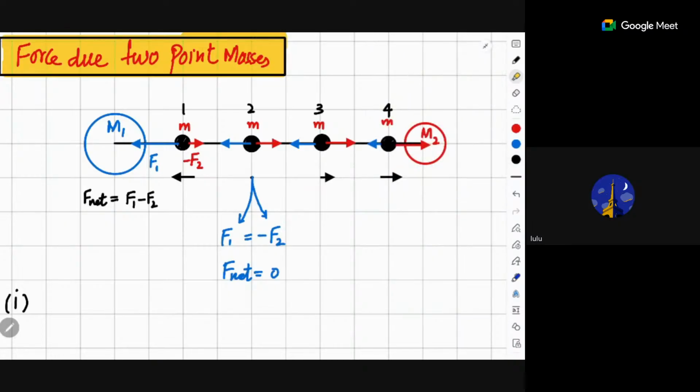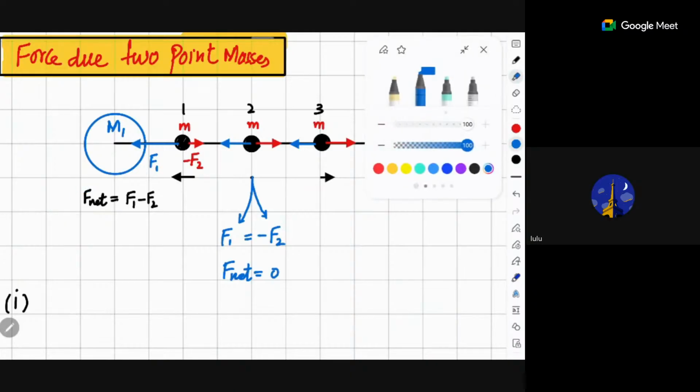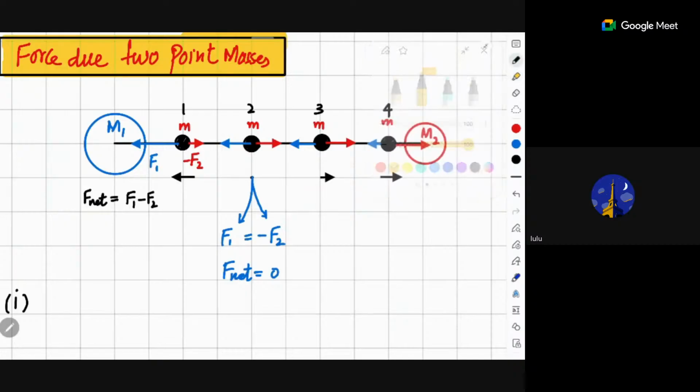For example, at point 1, you notice that F1 is greater than F2, so there was a resultant force towards left. Okay, are you getting this point? Yes, sir. And at this point, both the forces are equal, so F net equals 0. Then F net is reversed in direction. So now F net is in this direction.